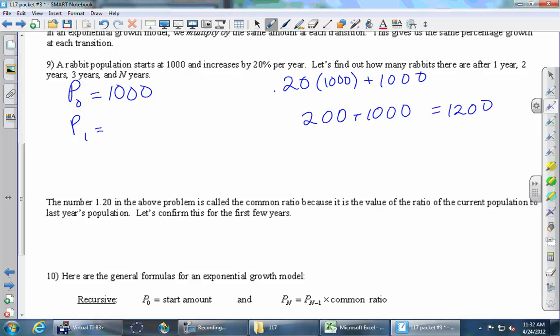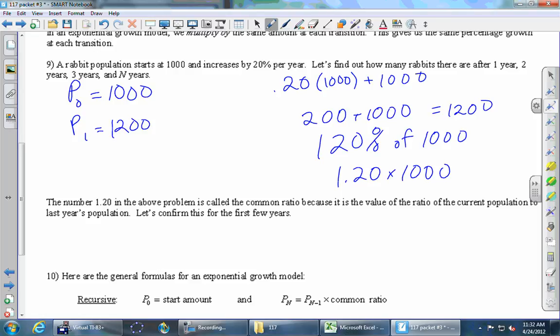You have 120%. And so how about instead of doing that addition up there, we just go for 120% of 1,000, which is really 1.20 times 1,000. What is that? That's 1,200. I mean, it's been 1,200 the whole time. But all I'm saying is that I'd like to figure out the 1,200 by multiplying by 1.2.